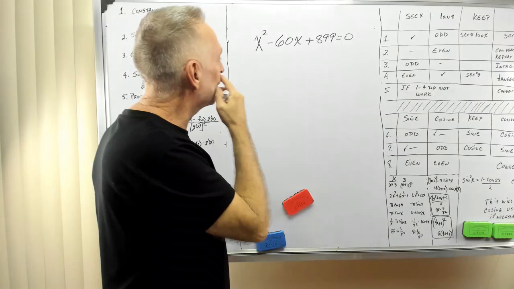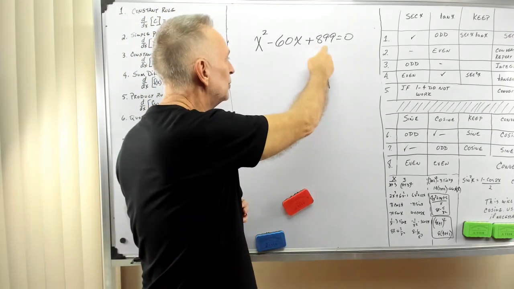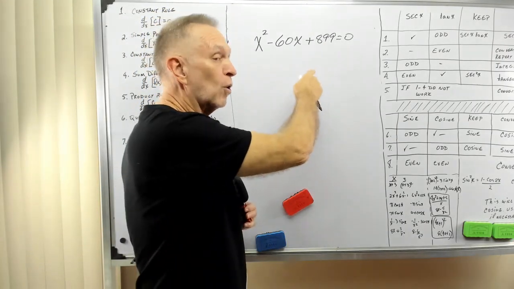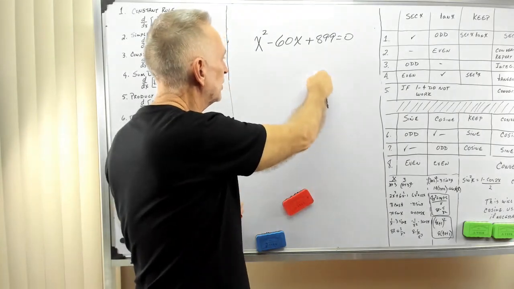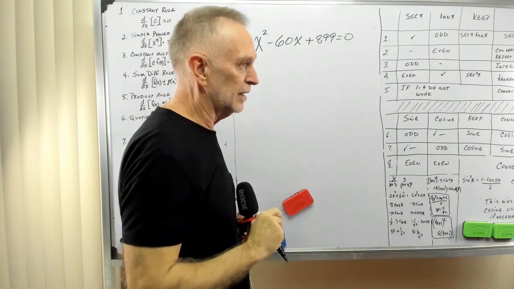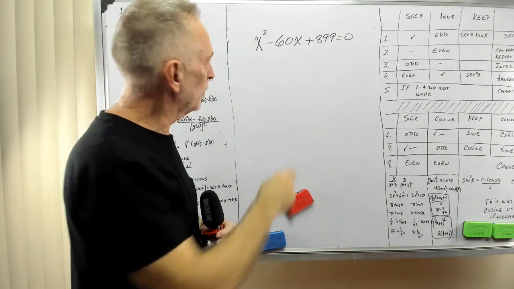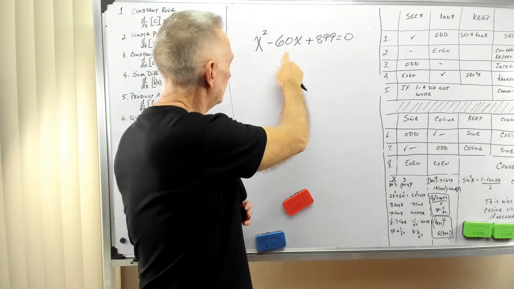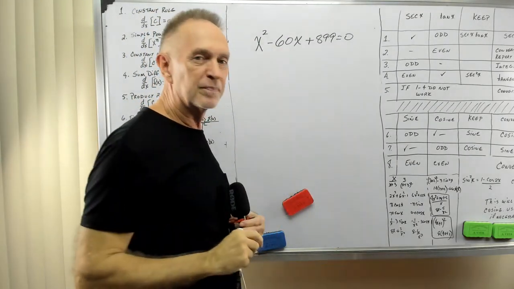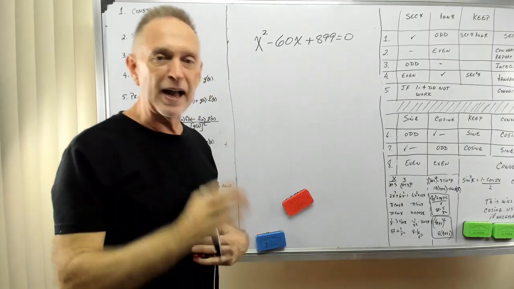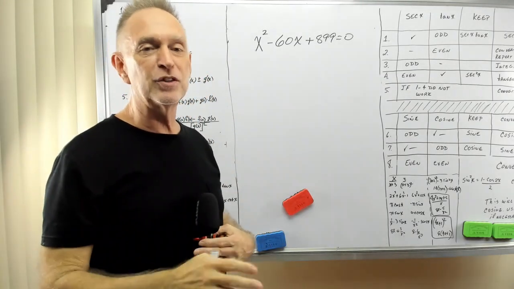All right, so instead of trying to figure out the multiples, what multiplies together to give you 899, why not work with the addition on this one? Why don't we work with the factors that add together to give me 60?